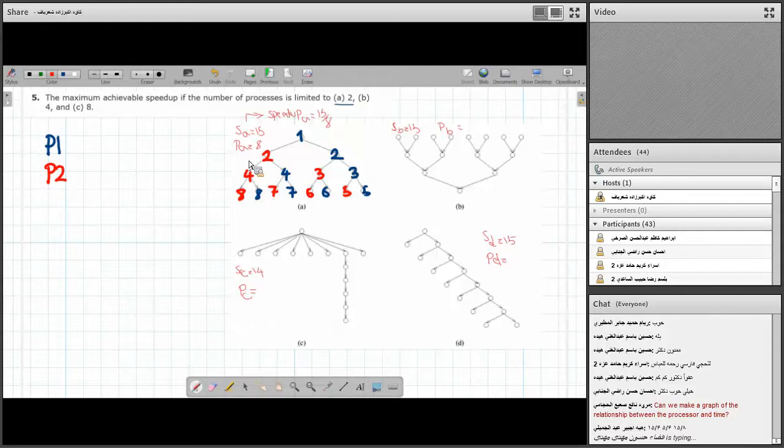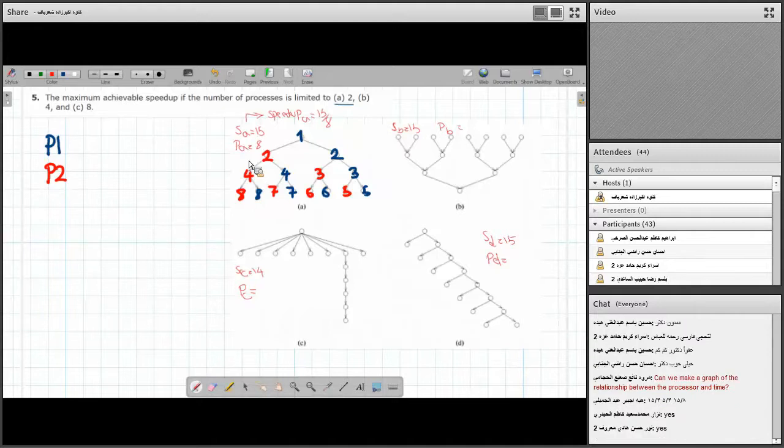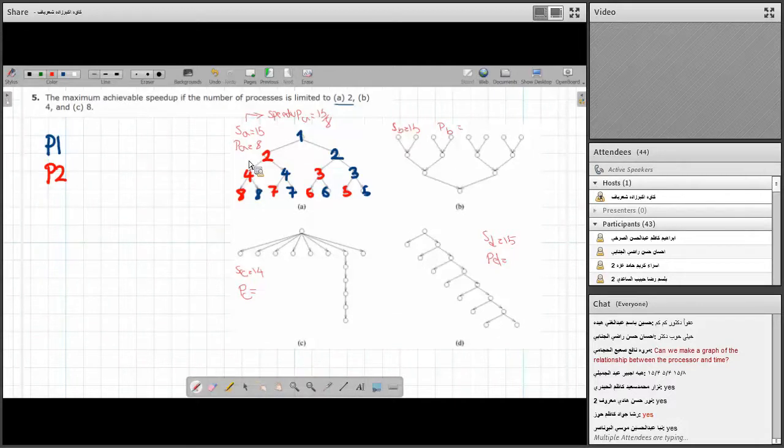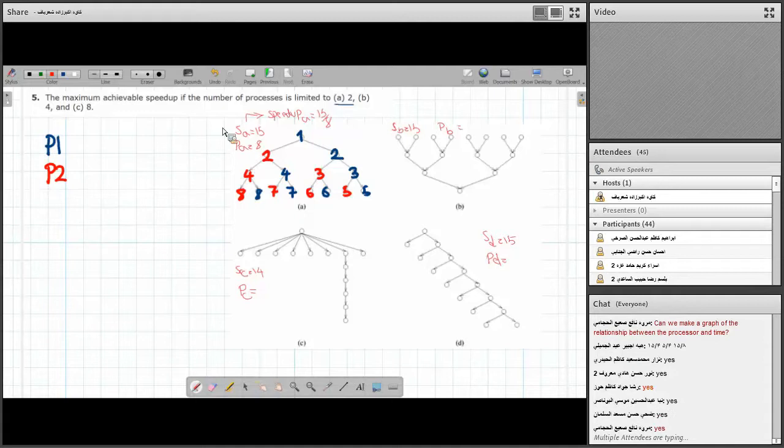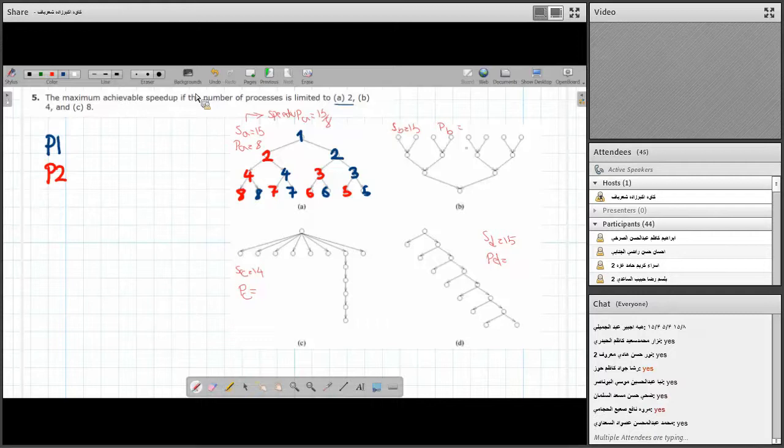Can you understand? For B, 1 2 3 4 5 6 7 8.